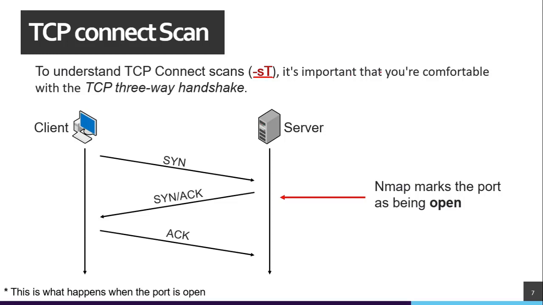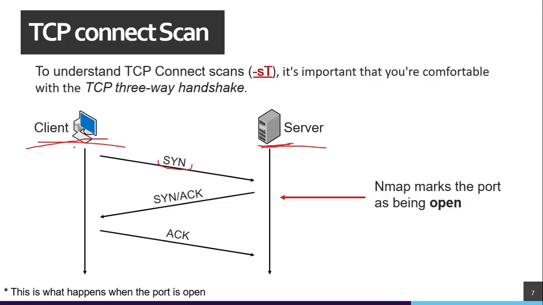First, it's important to understand and be comfortable with the TCP three-way handshake. For example, here is our computer trying to request the homepage of a Google web server. Before our client even sends the request to the server, there has to be a connection between our client machine and the server. First, our client sends a TCP packet with the SYN flag set.